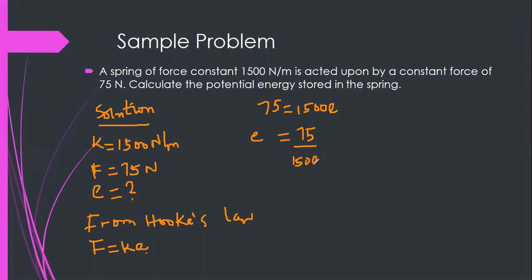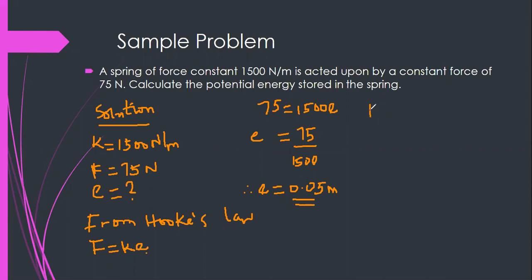So when you punch your calculator, you should have something like this, 0.05 meters. 0.05 meter. So this is the extension here. Now we have gotten our extension, we can now calculate the potential energy using this formula.